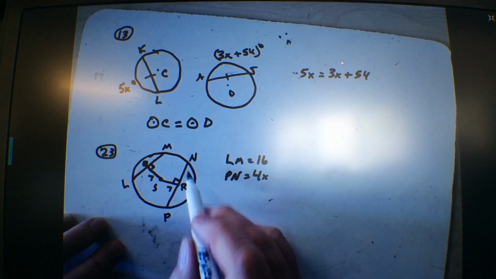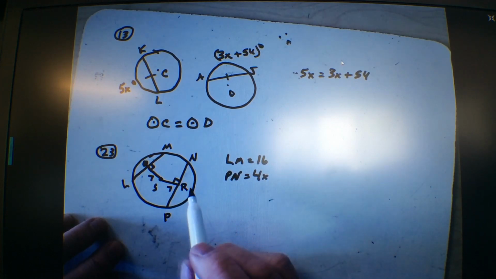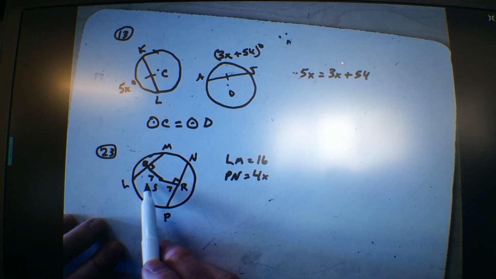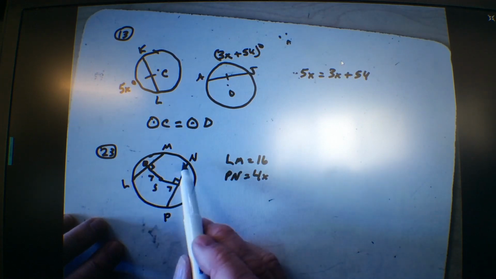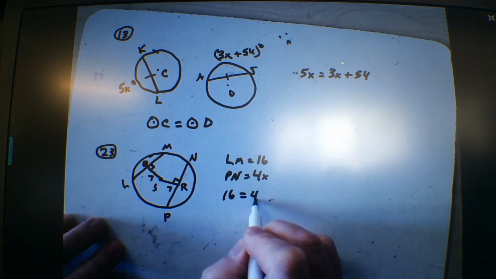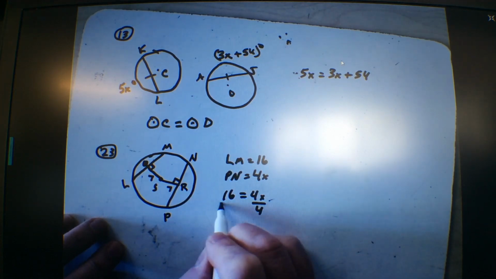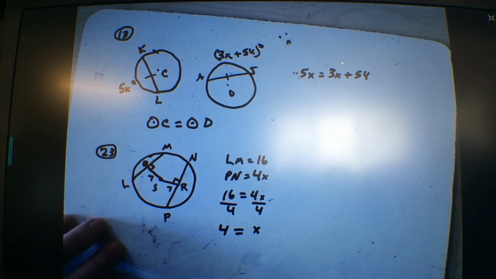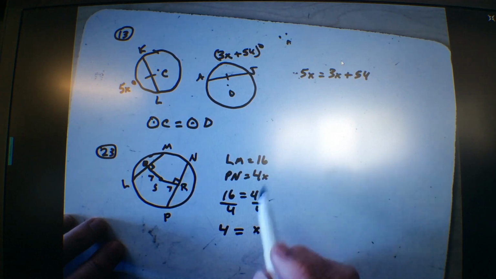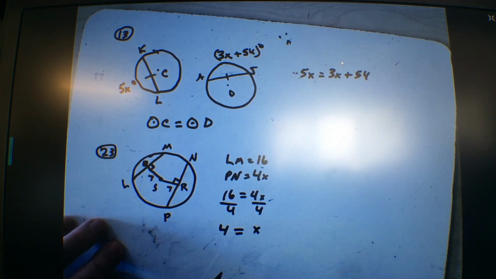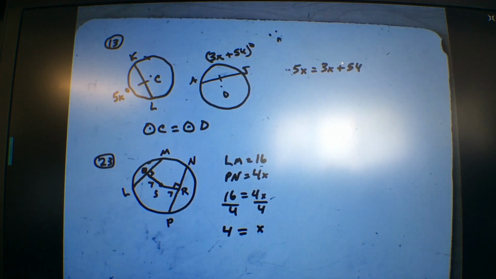What is x? Well, since this distance is the same as this distance, these two chords must be congruent. So then I would say 16 equals 4x, and I divide by 4, and I get x equals 4. So we know x is 4. If you wanted to find PN, we know it's 16. So that's kind of how this works.